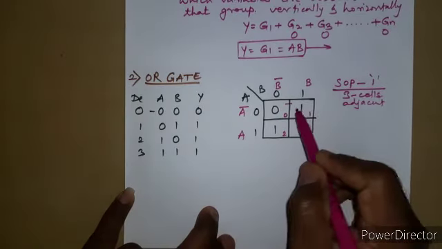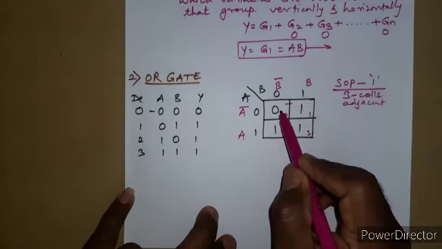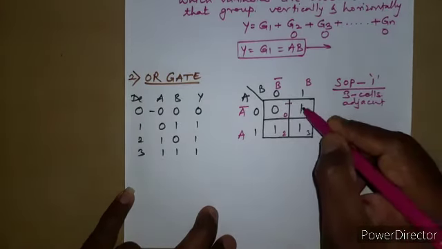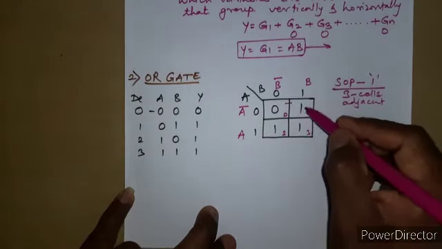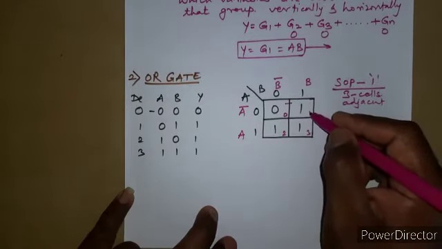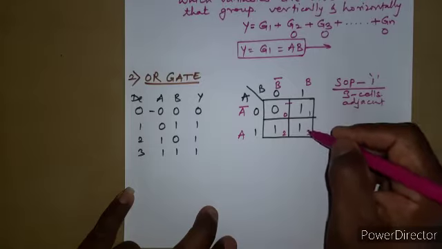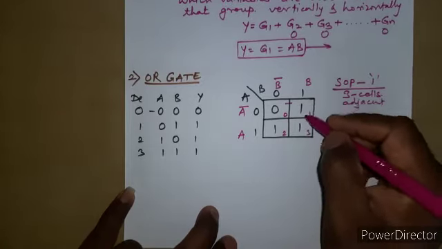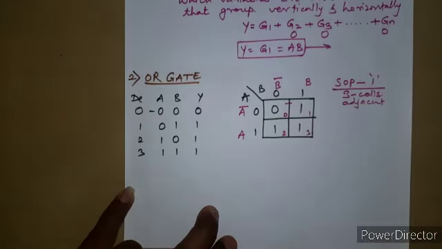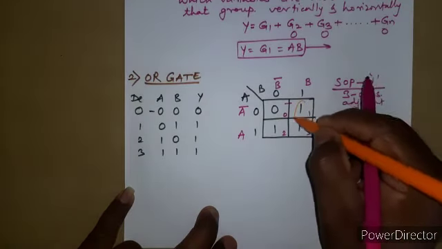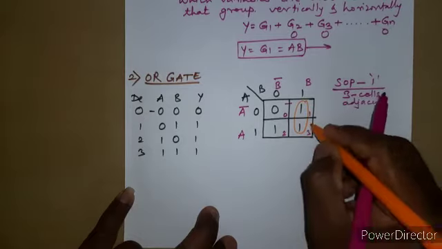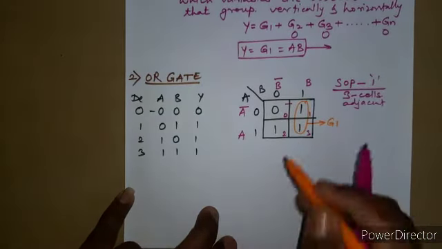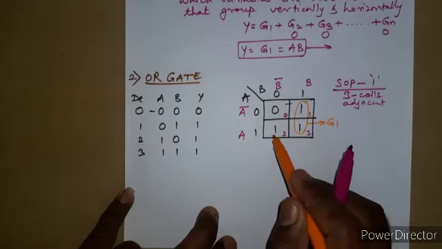It is adjacent, but does it have 1? No, it does not. Right? So we have to leave this, because we are just considering entries of 1. Now this 1 is adjacent to this 3 and both have binary 1. So here this becomes one group. I can name this group 1. Right? And one more, this 1 is left here.